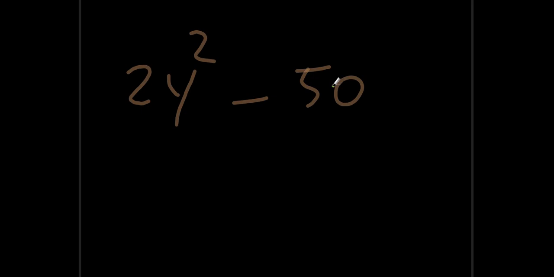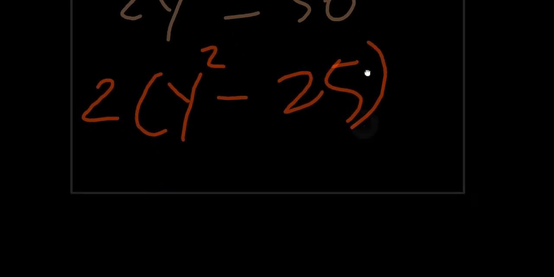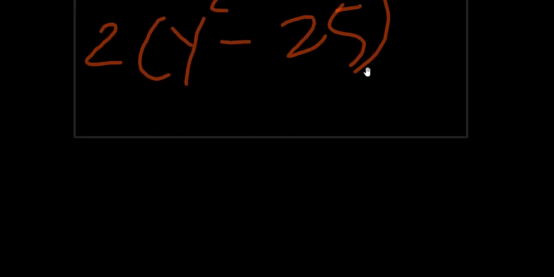What we could do is see if we could factor this expression before we do anything. We could factor it by 2, taking out 2 and dividing it into both terms. And so we are left with y squared minus 25. And we know that 25 is a squared number because 5 times 5 gives us 25.